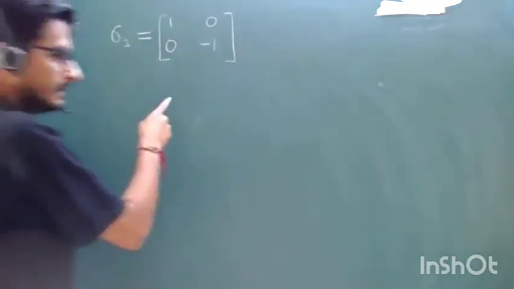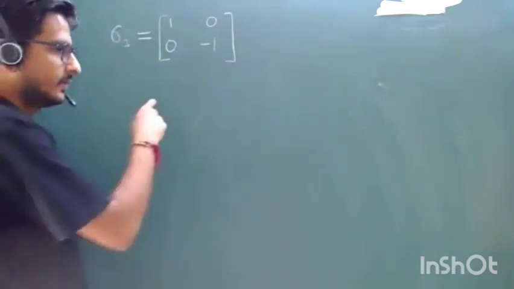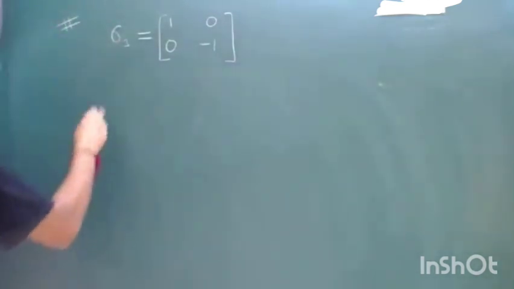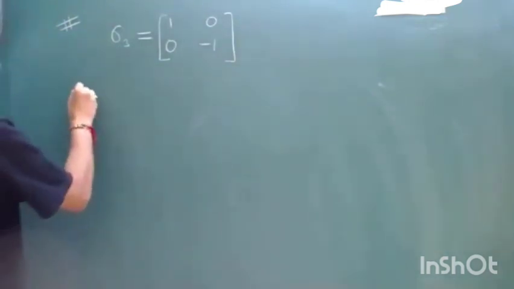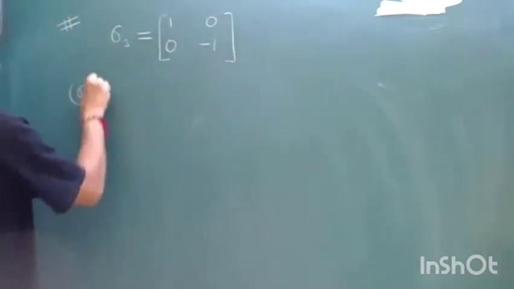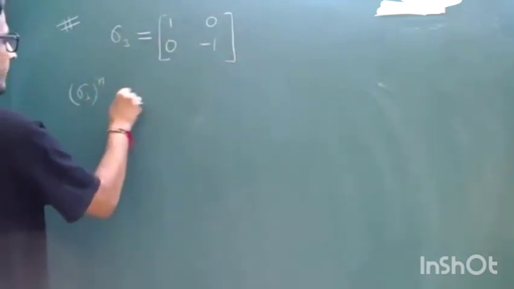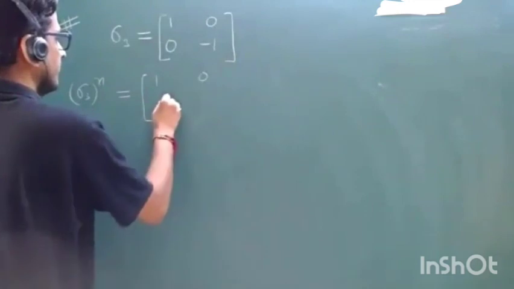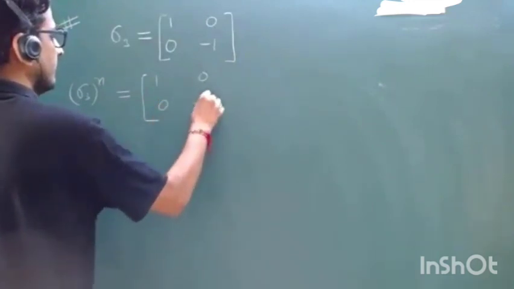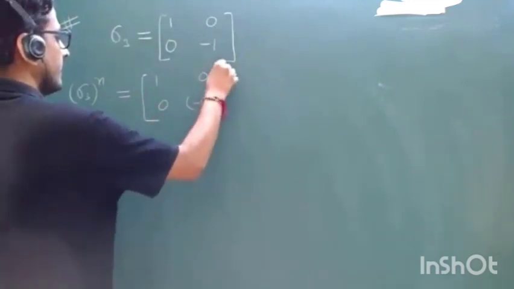So I have already told you that, this is just to make you understand, because all of the functions of this diagonal matrix are very easy. For example, if I want to write sigma 3 to the power n, what will it become? It will become 1 0 0 minus 1 to the power n.